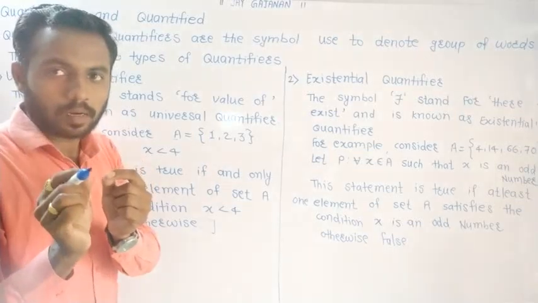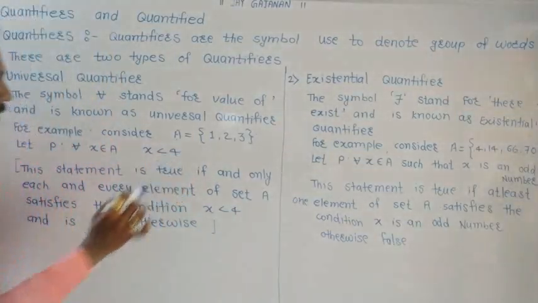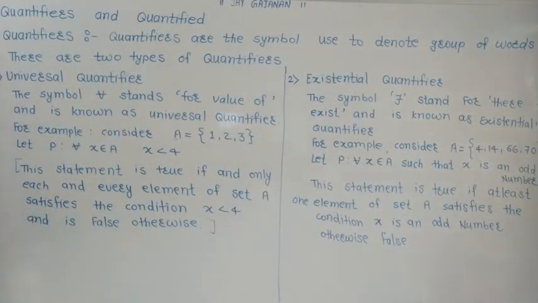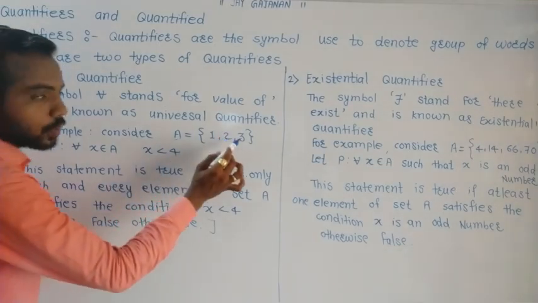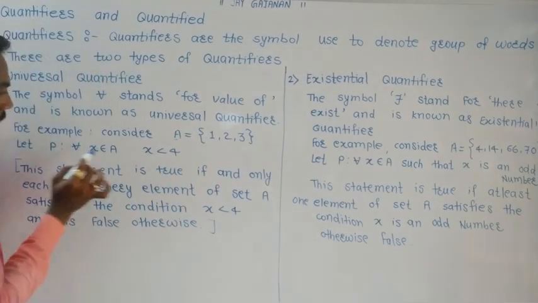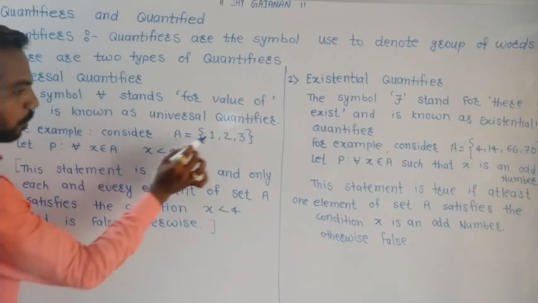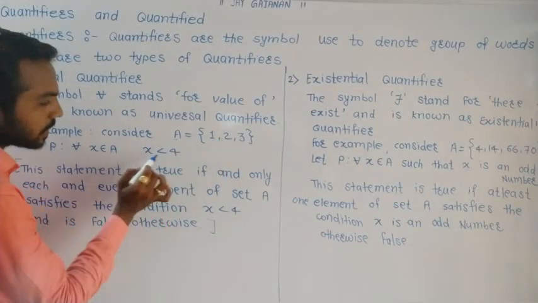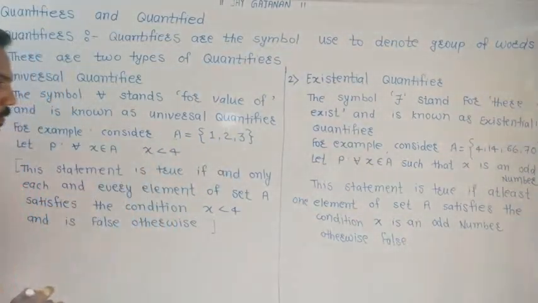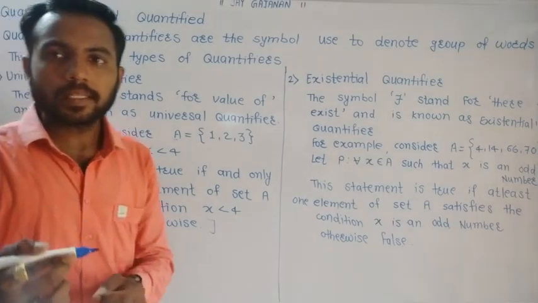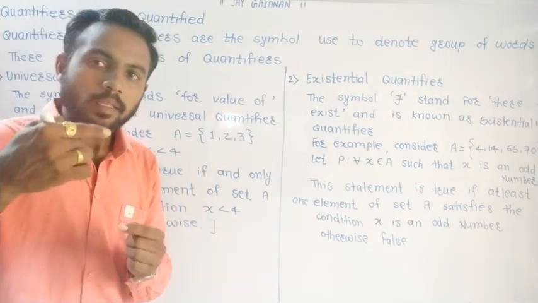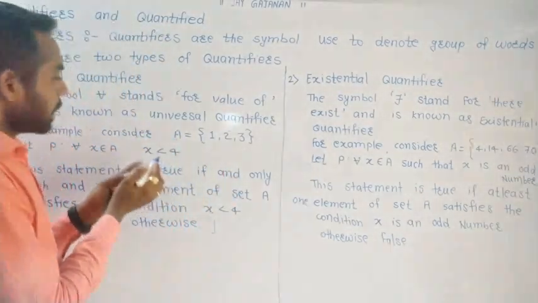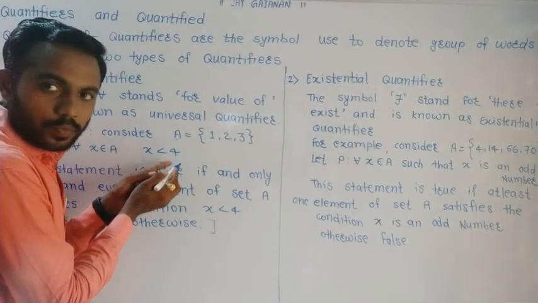If you observe, all the elements in set A, 1, 2, 3, are less than 4. 1 is less than 4, 2 is also less than 4 and 3 is less than 4. It means all the elements in set A satisfy the condition x is less than 4.